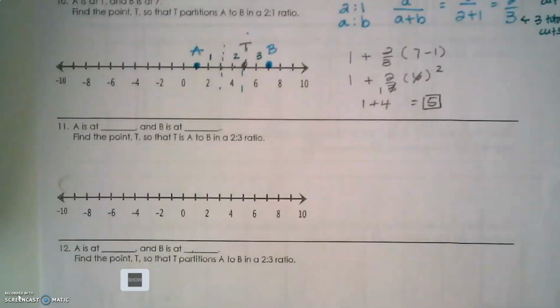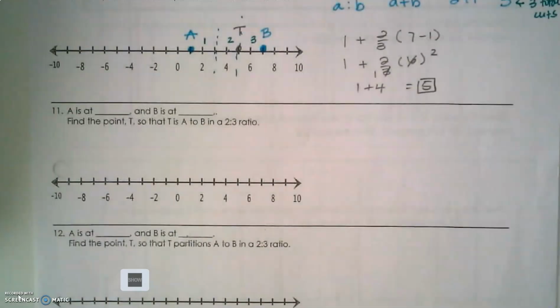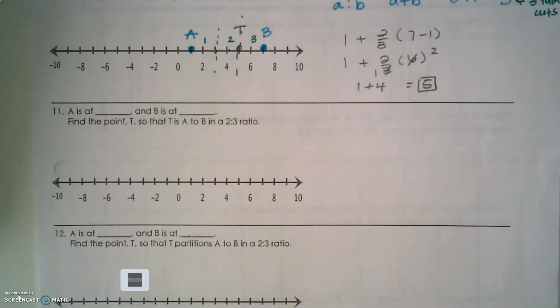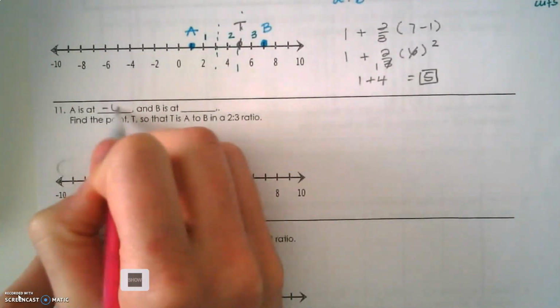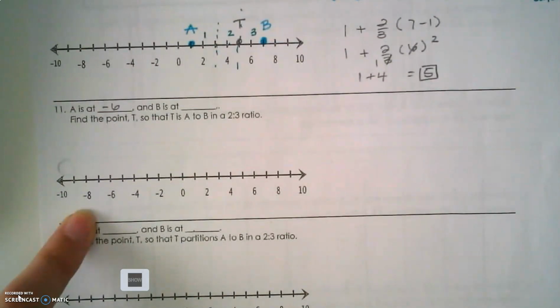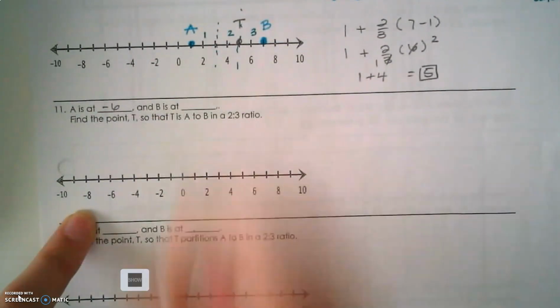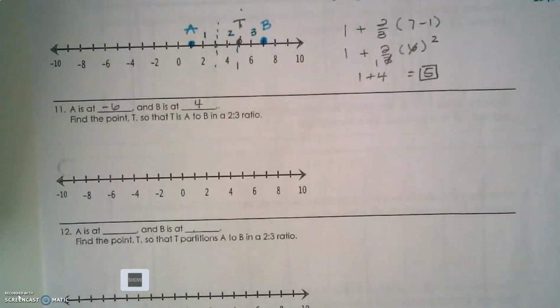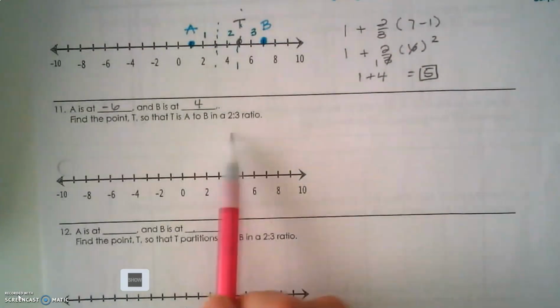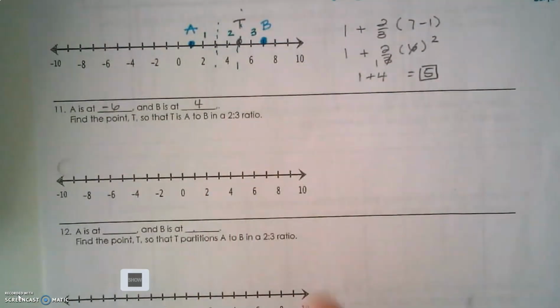So let's work on this again. I'm going to pick a couple different points. Let's spread it out here a little bit. So let's try -6 to 4. Yeah, I think that'll work. Okay.